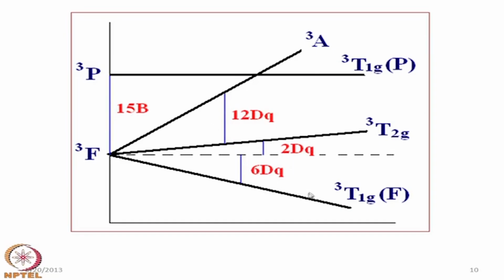Right now we see that these two values are equal to 8 Dq corresponding to 10 Dq in the crystal field splitting, and the value between 3T2g and 3A2g is equal to 12 Dq. And compared to the unsplit 3F level, we will find a magnitude of 2 Dq, which is different from the total 8 Dq value.